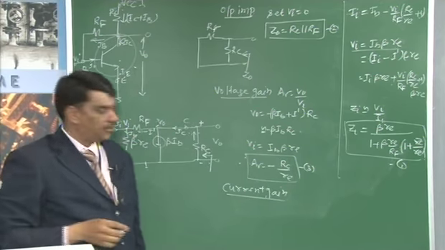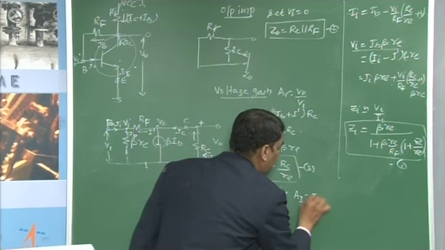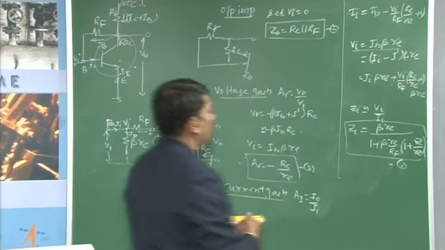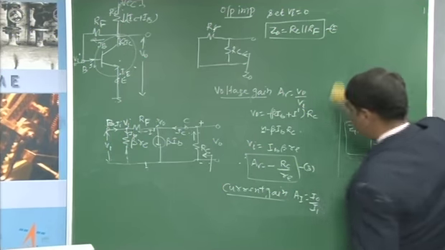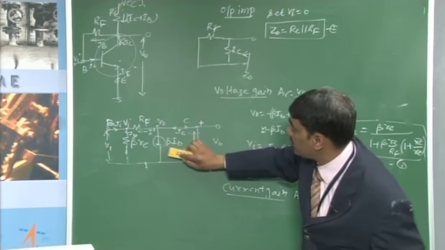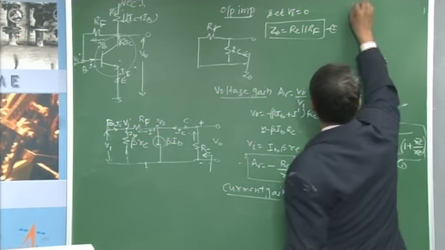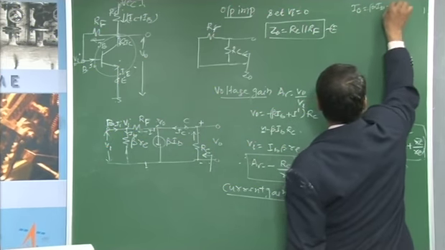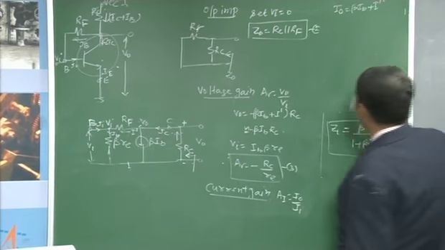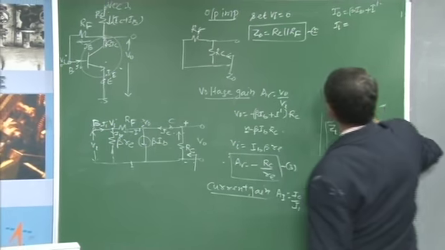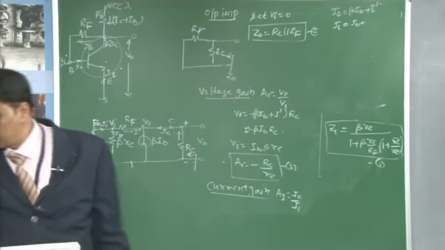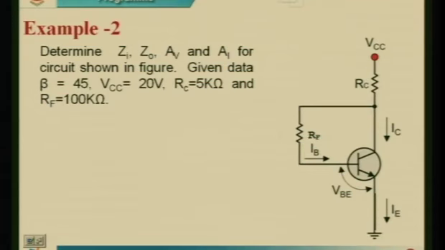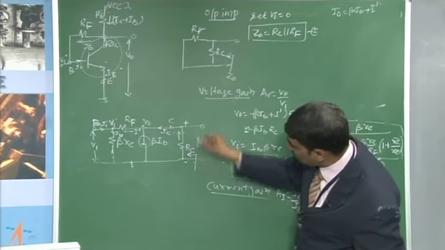The current gain is given by A_I is equal to I naught by Ii, where I naught is nothing but IC, which is beta times IB plus I dash, and Ii is given by the current IB plus I dash. Now you have to determine the current gain by finding the ratio I naught by Ii.